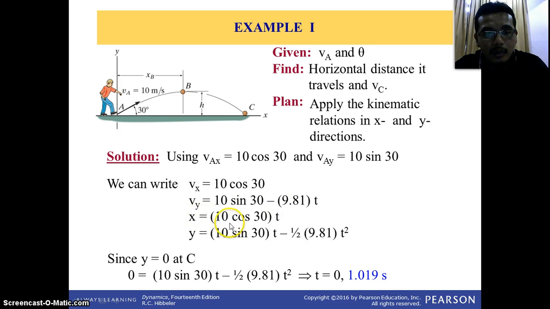So x is equal to 10 cos 30 t, because the acceleration term is 0 here, so only the first part is left. And y is equal to 10 sin 30 t minus half 9.81 t square. Solving these equations with y equal to 0 at C, we can get t equal to 0 and also 1.019.